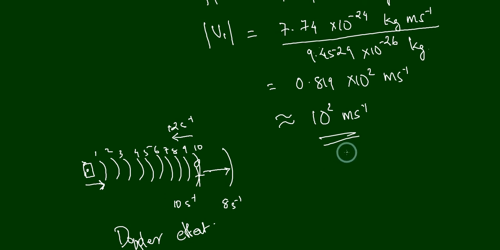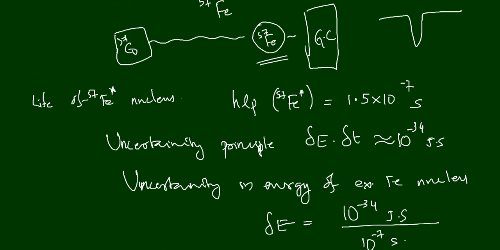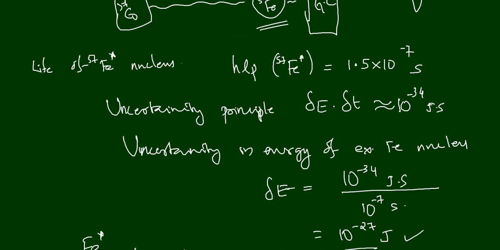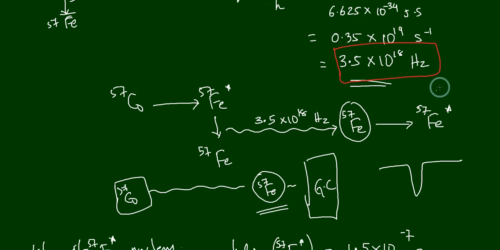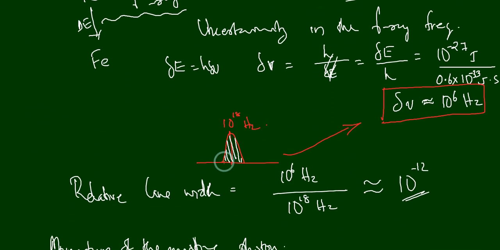Actually, the source nucleus was emitting a frequency, which we calculated here as 10 raised to 18 hertz, and it had a line width of 10 raised to 6 hertz. So we should expect that the emitting frequency should fall within this line width.